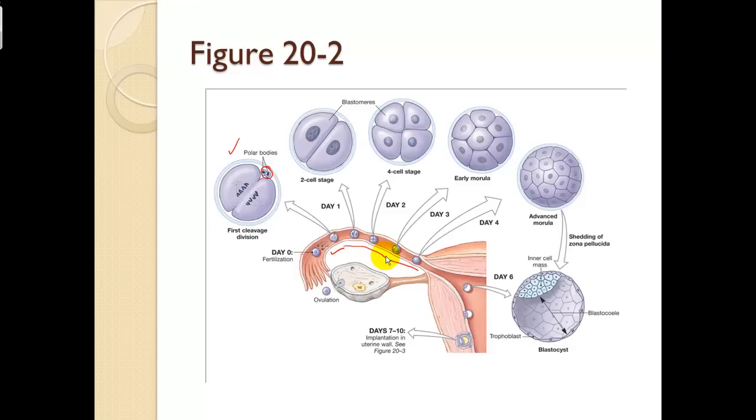Our hope is that it does not implant in here, or this is going to be an ectopic pregnancy. There's only so much real estate on the inside of that fallopian tube. This is where it needs to develop because it has room.